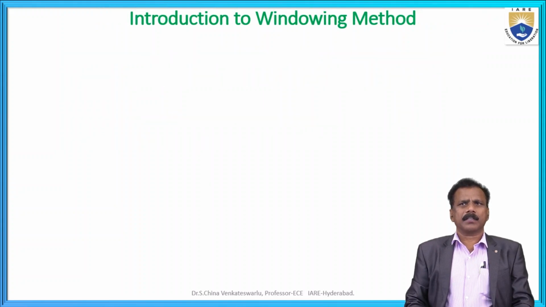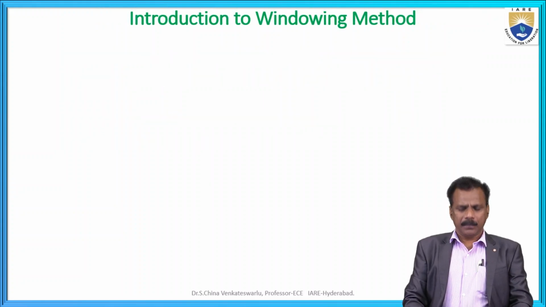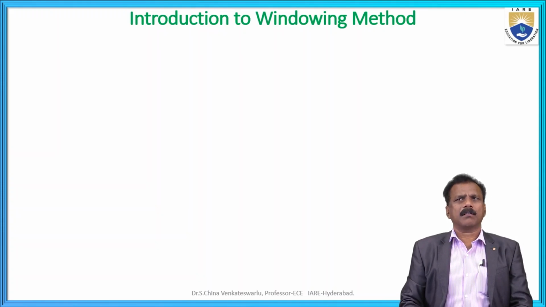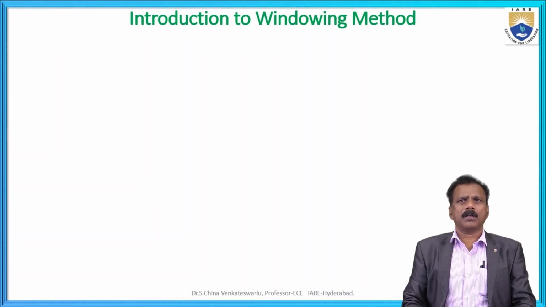Now coming to the introduction to the windowing method, we are aware of all these windows like the Hamming window, Kaiser window, Chebyshev window, and Blackman, and so on. These are the popular windows.